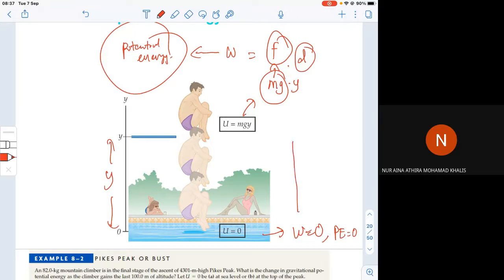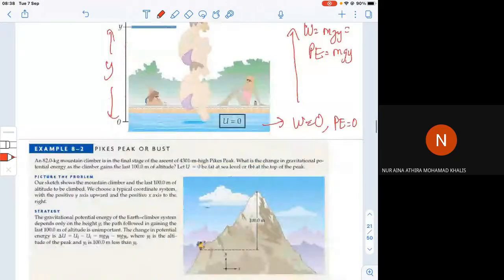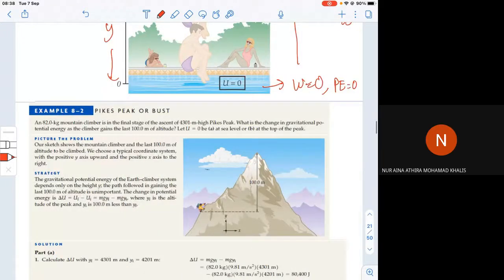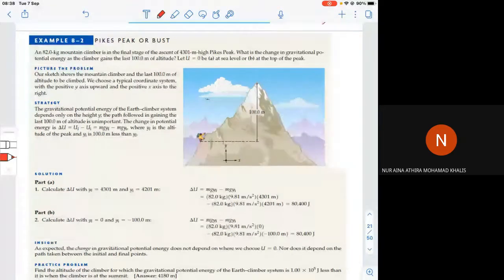What happens when you are at height y? When we have a certain height, then the work becomes mgy. That is also because potential energy equals mgy. So this is one thing that you need to know: the potential energy is equivalent to mgy.